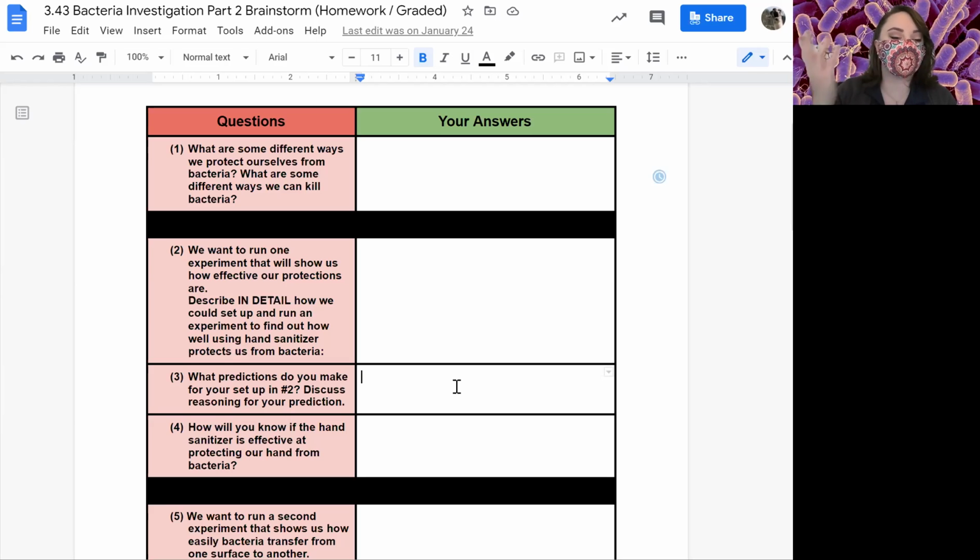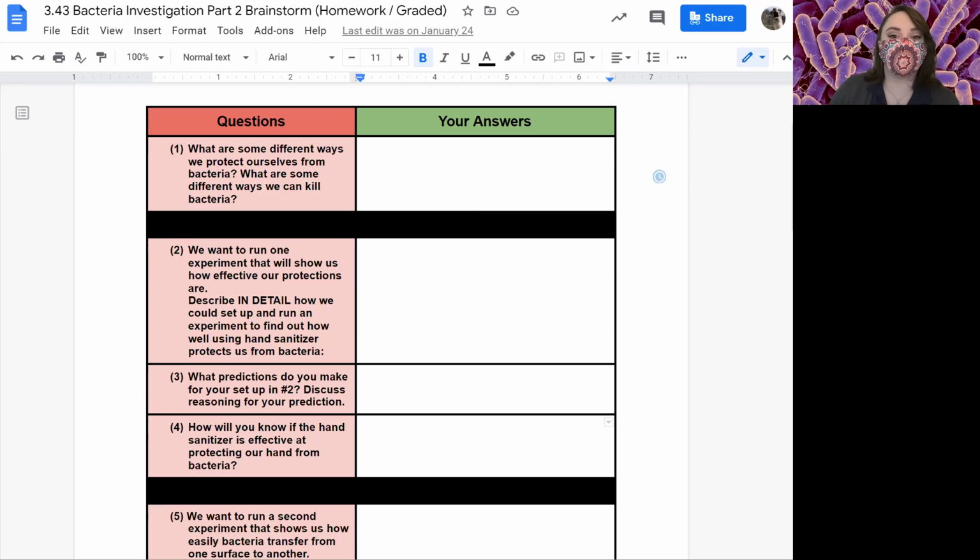Right. There would be less bacteria after we use hand sanitizer. If the hand sanitizer is effective, what would we see or not see in our Petri dishes? Right. We would expect to see no bacterial colonies growing in the Petri dish.